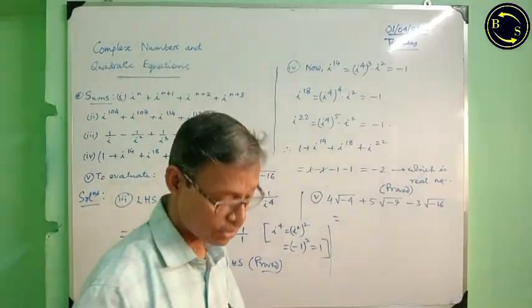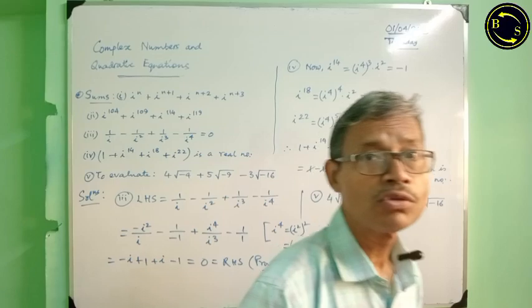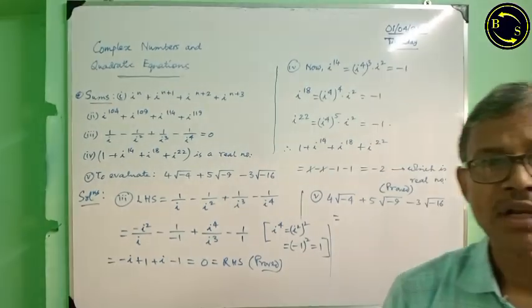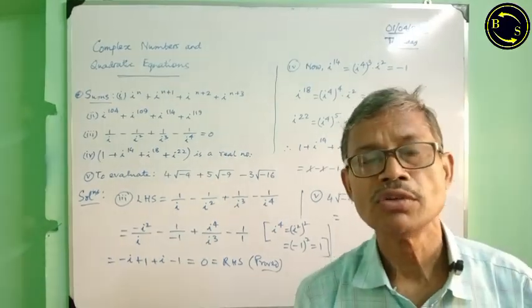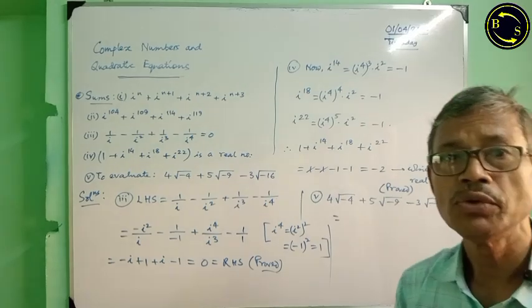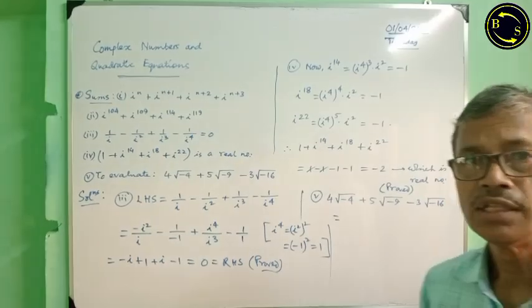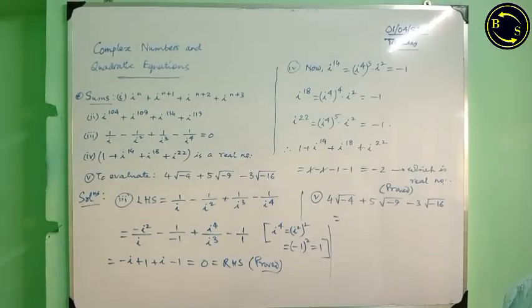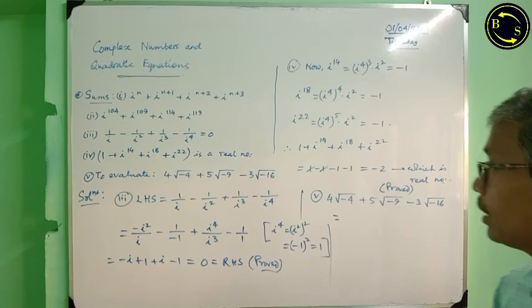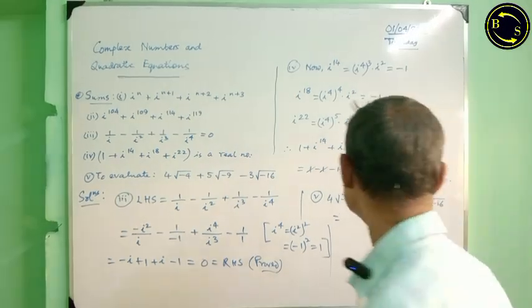I suggest students, while you are working out, if the expression is large, first you write it down, then you verify whether you have copied correctly. That is one technique of doing sums correctly.